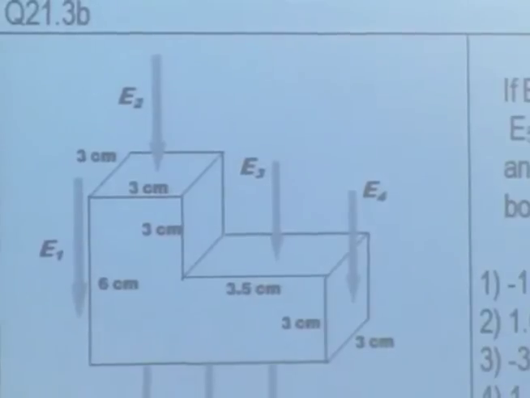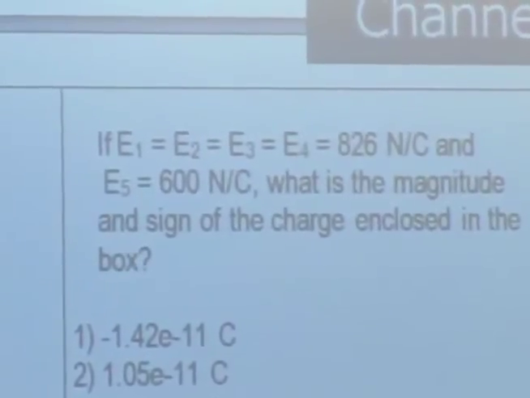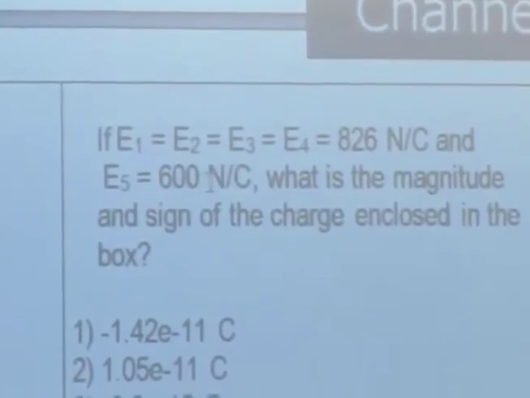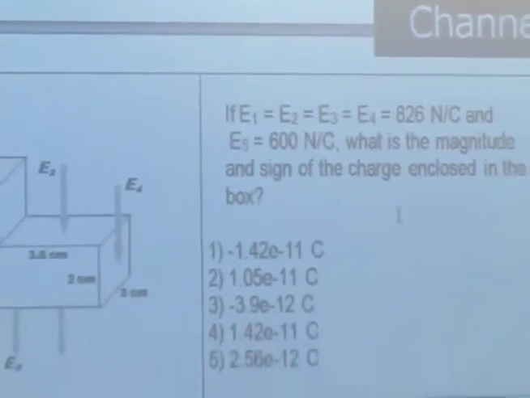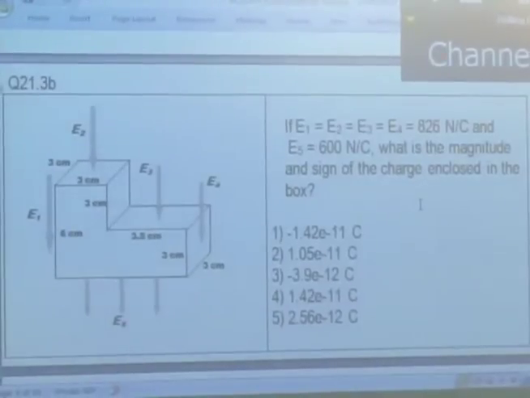E1 through E4 all have the same magnitude, 826 newtons per coulomb. E5 on the bottom, magnitude 600 newtons per coulomb. Go through, apply Gauss's law, see if you can calculate the magnitude and sign of the charge enclosed in this box. Okay, I'll give you a minute or so to work on this one.